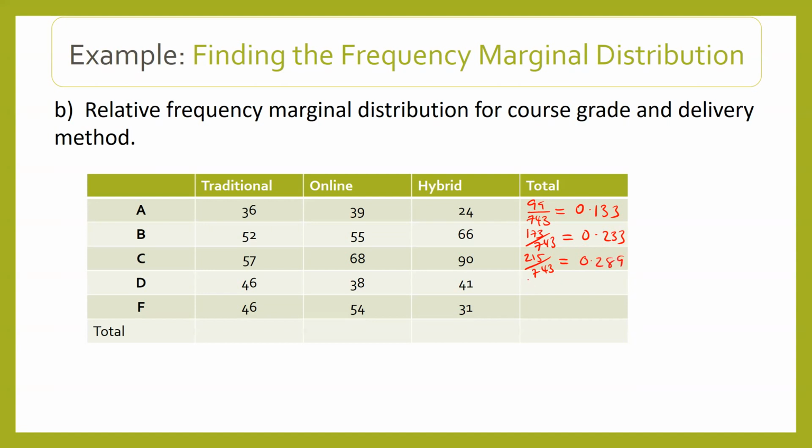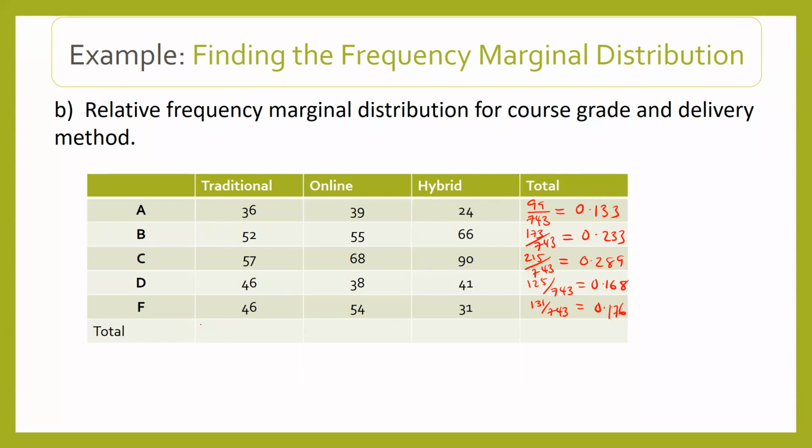This one will be 125 divided by 743. That would be 0.168. Then you have 131 divided by 743, which is 0.1176.